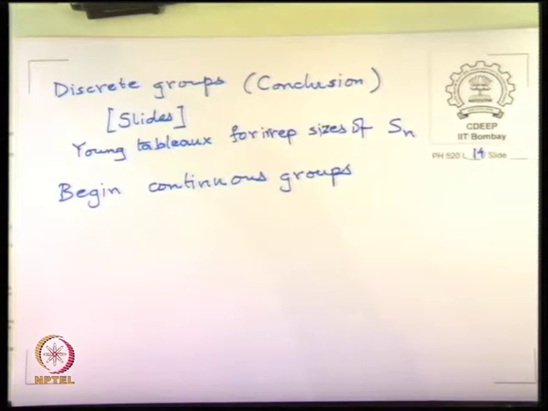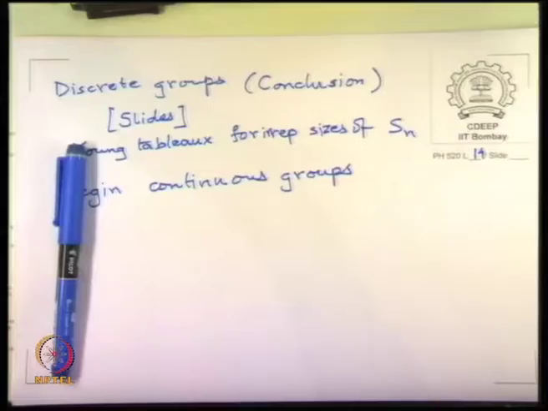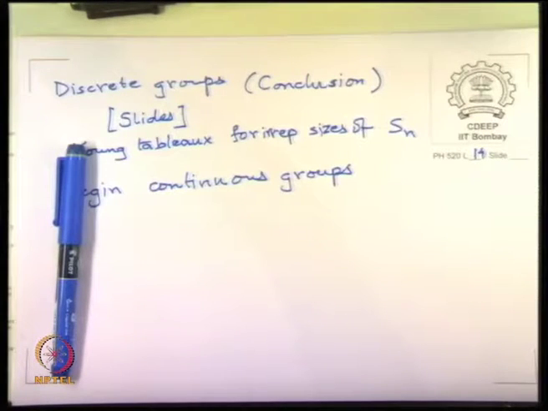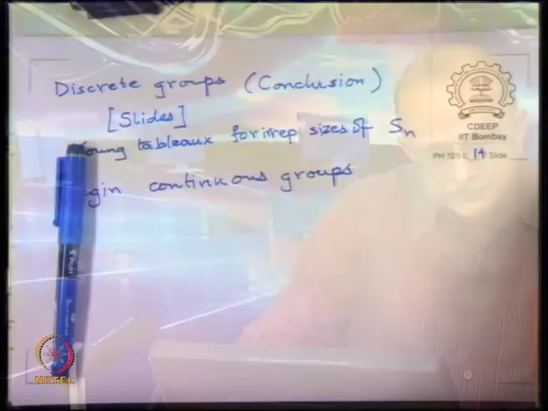So, there is some method to get the sizes of representations of the permutation groups, and we will just go over this as a tail piece of the discrete group discussion. I have prepared some slides to do this.